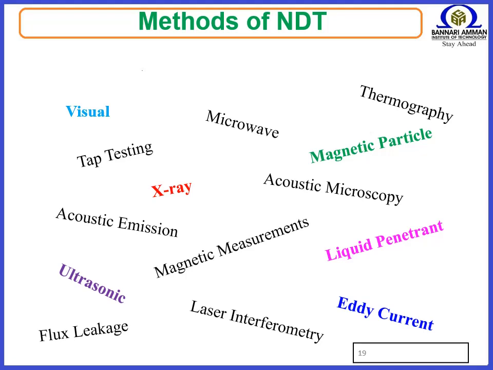The 6 most frequently used test methods are MT, PT, RT, UT, ET, and VT. Each of these test methods will be described here, followed by the other, less often used test methods.